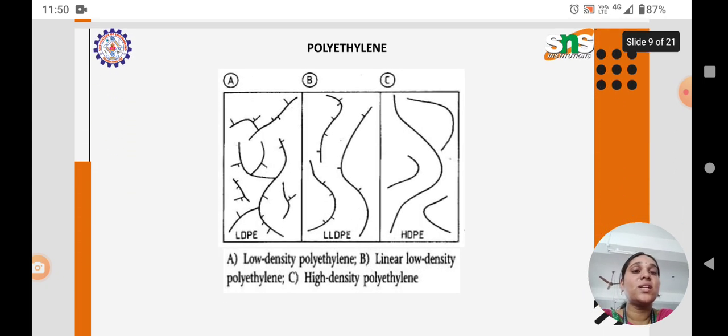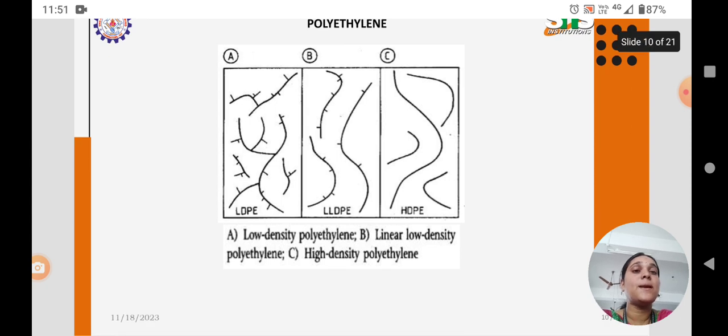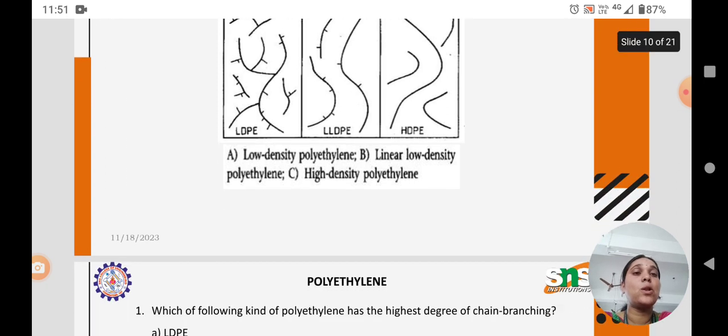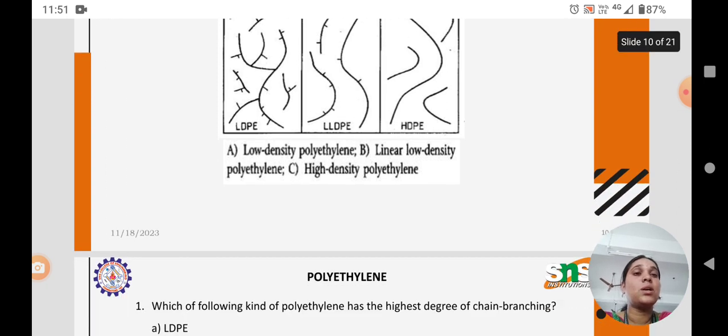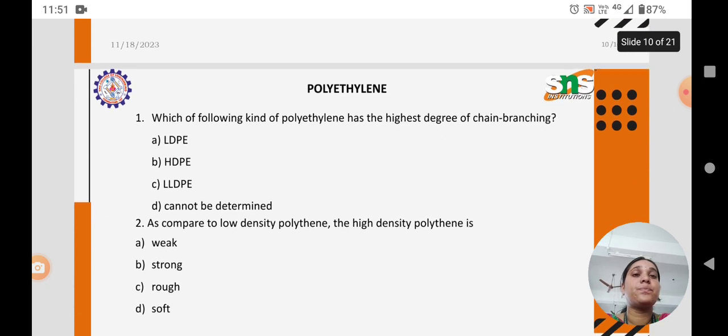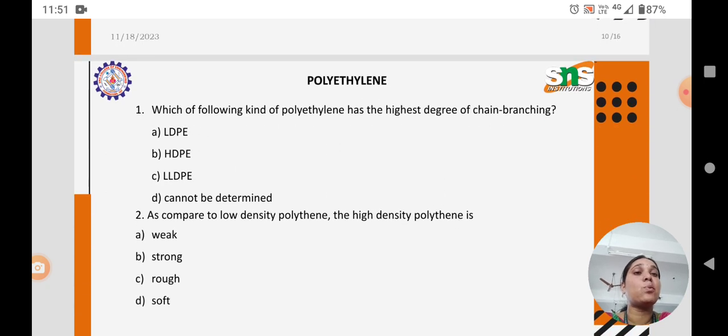Polyethylene: low density polyethylene, LLDPE, high density polyethylene. The picture represents the density of polyethylene: low, linear low, and high density. Which of the following kinds of polyethylene has the highest degree of chain branching?